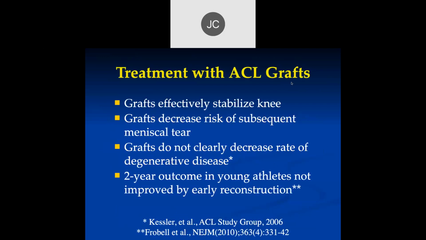So if you treat ACL tears with grafts, you can effectively stabilize the knee with modern techniques. But the problem is that in order to effectively stabilize the knee, you have to properly position the femoral and tibial tunnels so that the orifices of those tunnels are at the native origin and insertion of the ACL, because that's the isometric position, where the distance between those two points stays the same throughout flexion and extension.